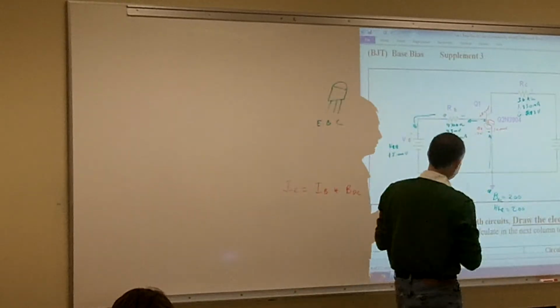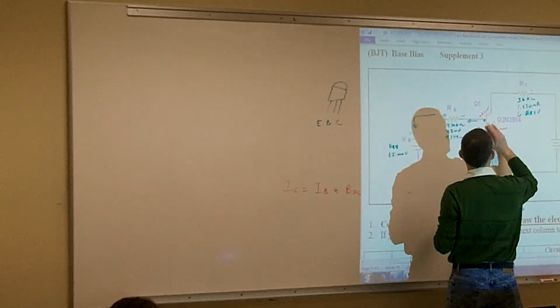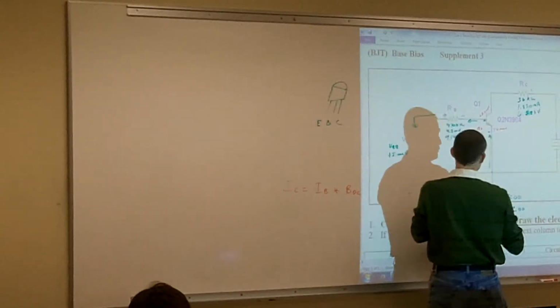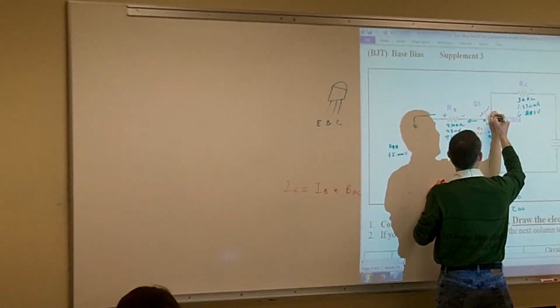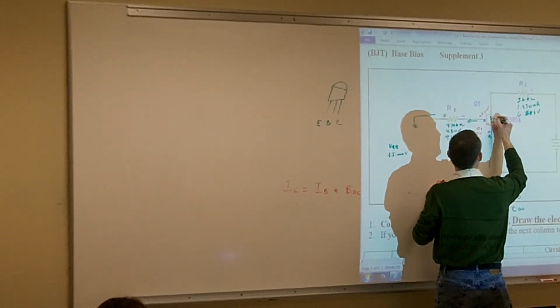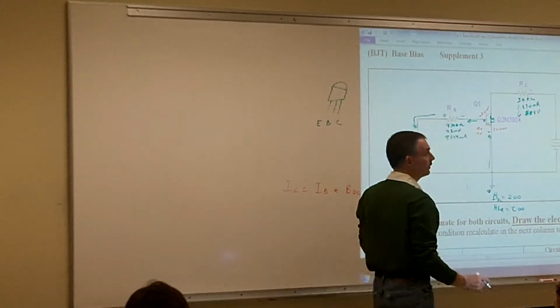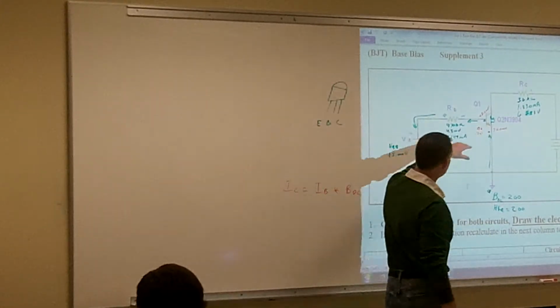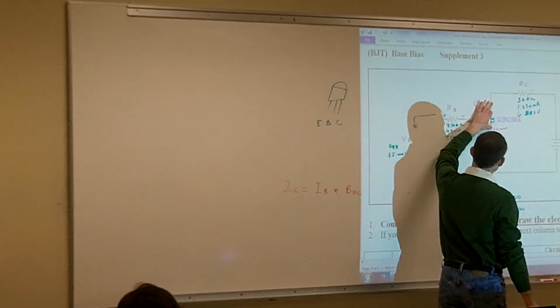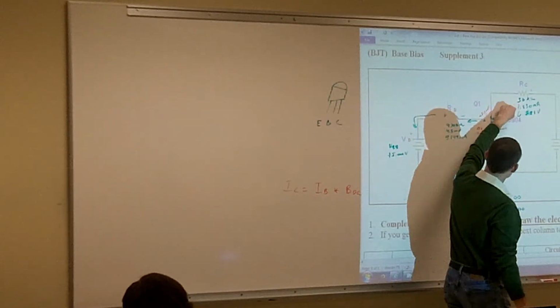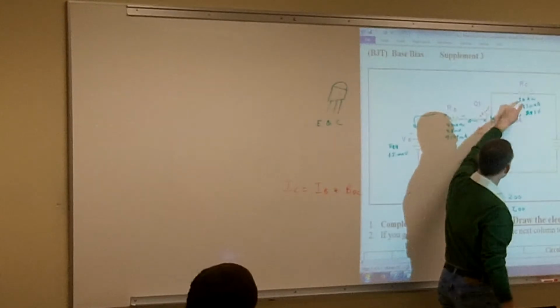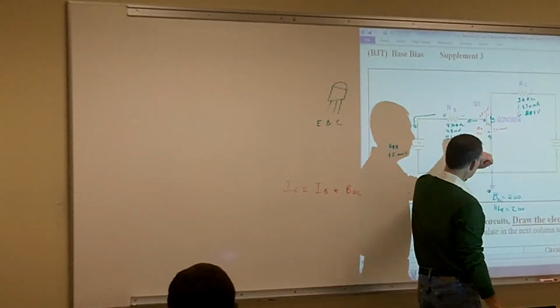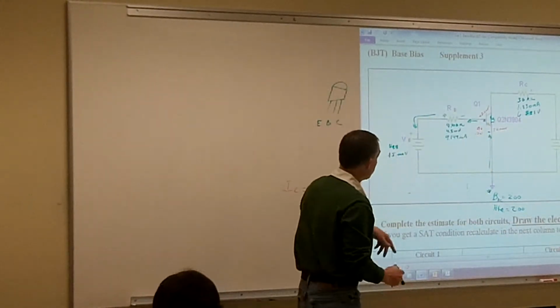So you can kind of treat it as a little variable resistor in there. It's automatically going to adjust itself and change the resistance between our collector and emitter to maintain 200 times more current on our collector than our base.